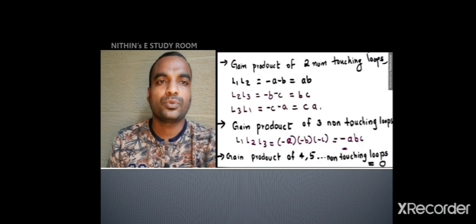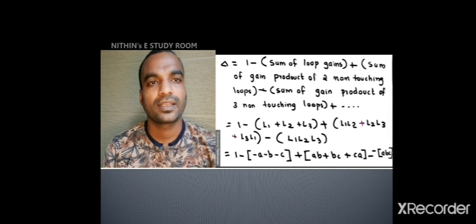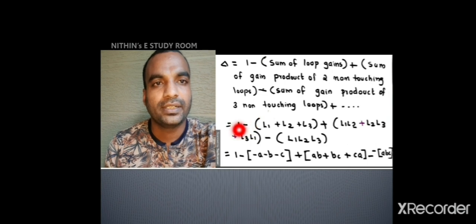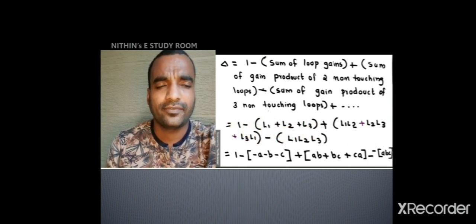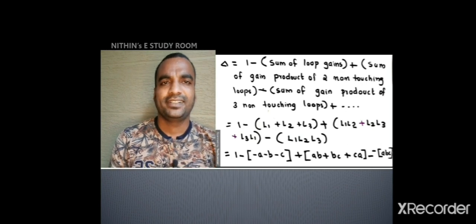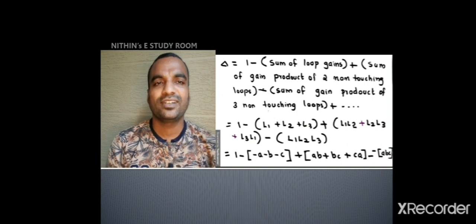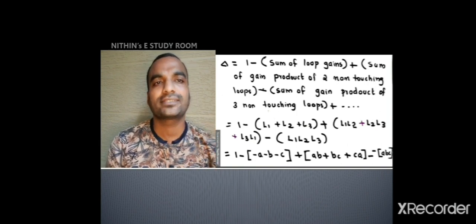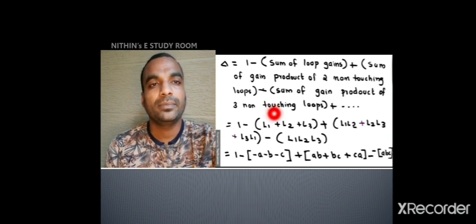Now you have to check the equation of delta. Now you have to verify by using this equation. Delta is equal to 1 minus L1 plus L2 plus L3. Will that term survive in delta 1 equation? No, because L1 is touching on first forward path, L2 is touching on first forward path, and L3 is touching on first forward path. So all these terms will become 0.